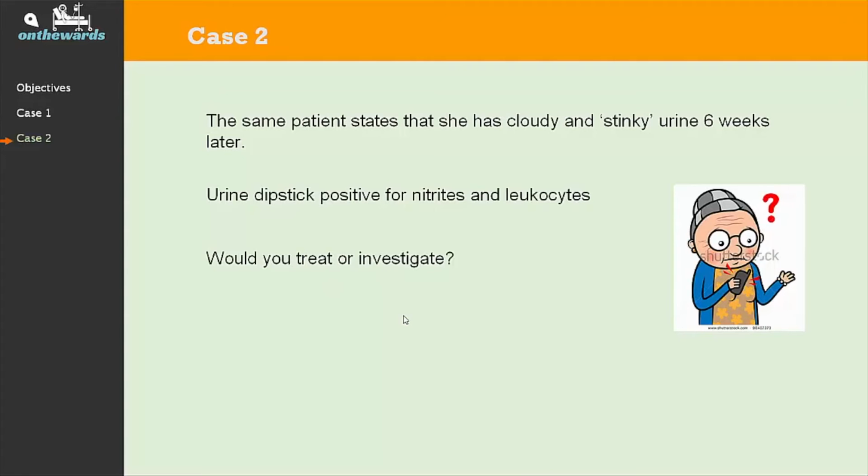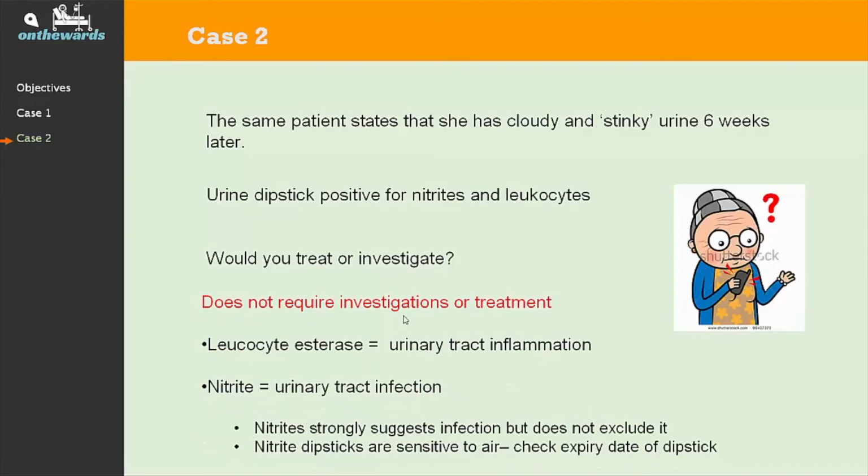Well, it doesn't really require any investigations or treatment, because what leukocytes show is that there's an inflammatory process going on in the urinary tract. And it may be due to urethritis, not suggestive of a urinary tract infection alone, if you get that.